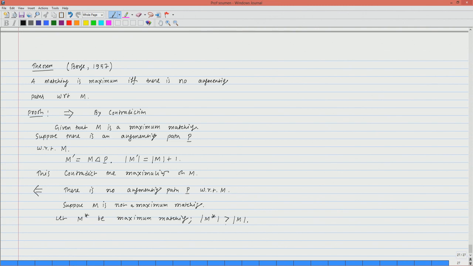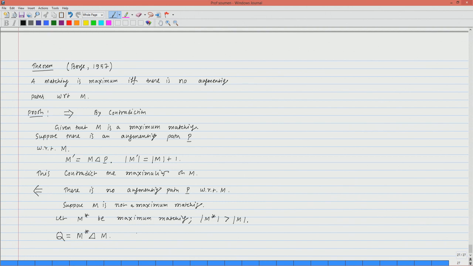Now, we use the previous theorem. So, I have two matchings M and M star, and M star is a bigger matching. Now, I take the graph, like Q was the notation for the previous theorem, I take the graph which is the symmetric difference of these two matchings, M star symmetric difference M, and we know the property of this graph, right.